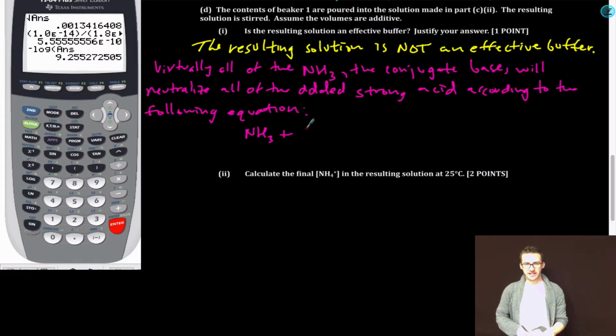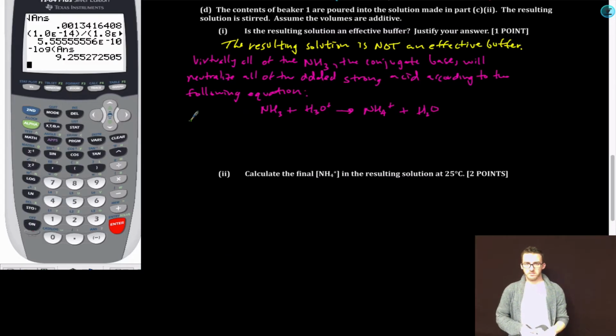NH3 reacting with the hydronium ion, right, the H part of our HCl, to form ammonium ion, its conjugate acid, and water. That's why it's so important to be comfortable with how a buffer works and the reactions that the weak acid or conjugate base undergo in order to neutralize added strong acid or base. All right, I'm going to keep going here.